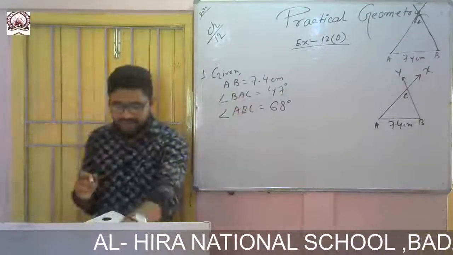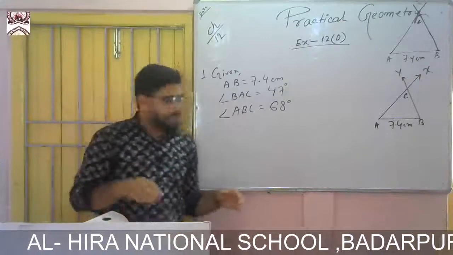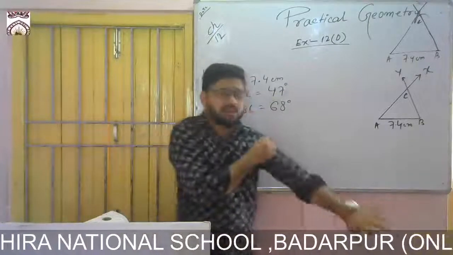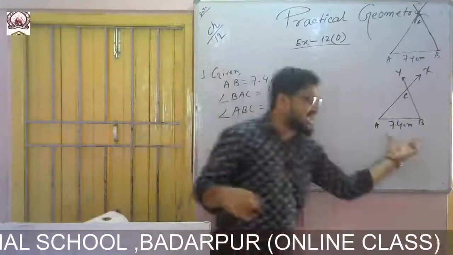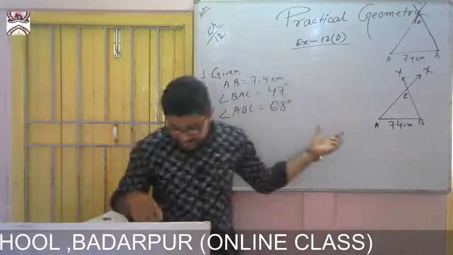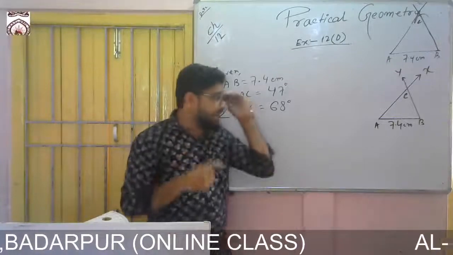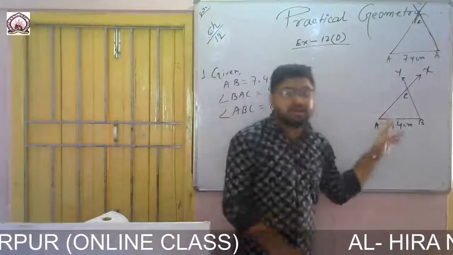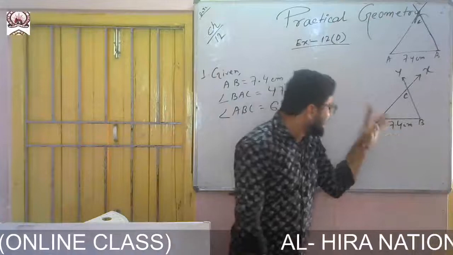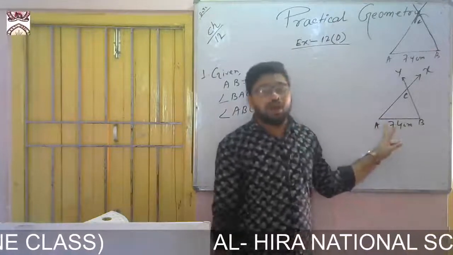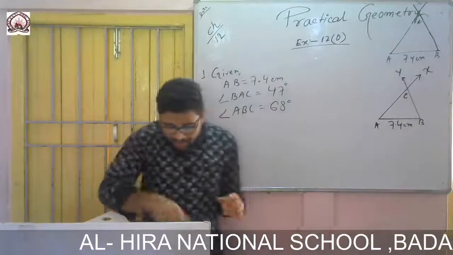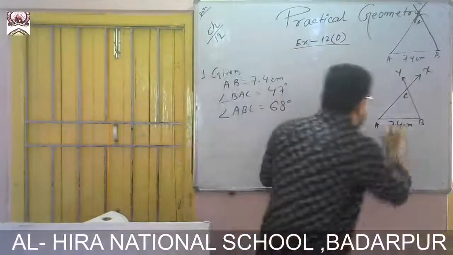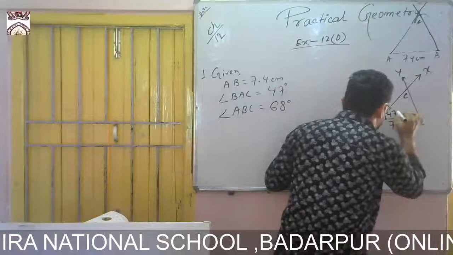So that is what we have done. Let me once again explain the steps of construction. First you take AB equals to 7.4 centimeter as given in your book. Then placing your protector at point A, you draw angle 47 degree.